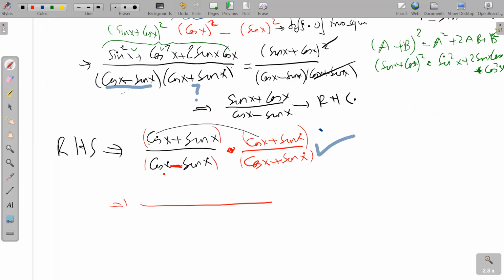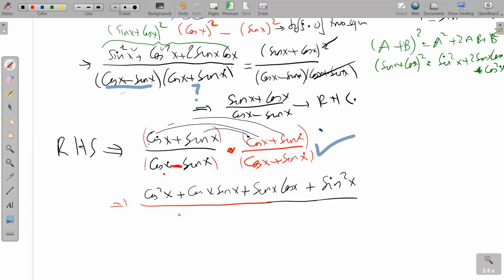Cos x times cos x, cos square x, cos x times sin x, cos x sin x, plus sin x times cos x, again sin x cos x, sin x times sin x, sin square x. And here again, cos square x plus cos x sin x, or the product of squares, minus cos x sin x minus sin square x.